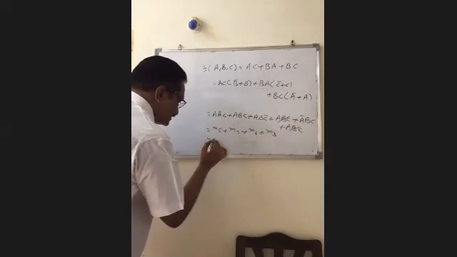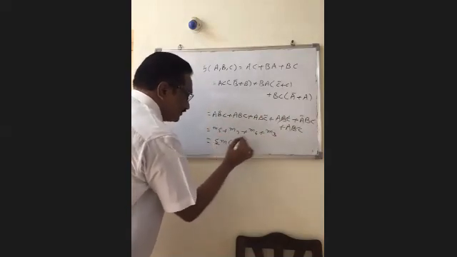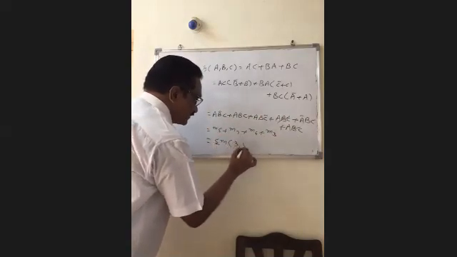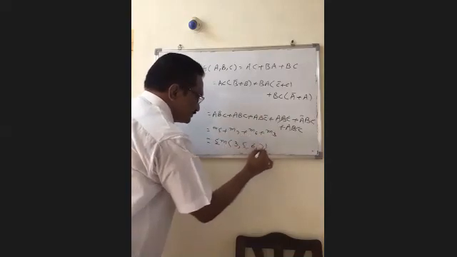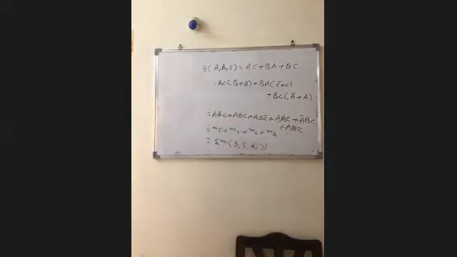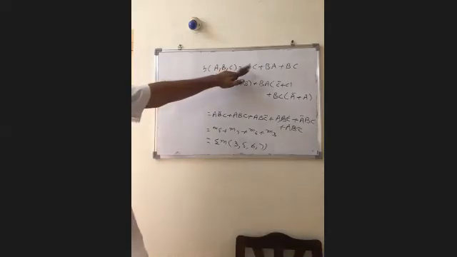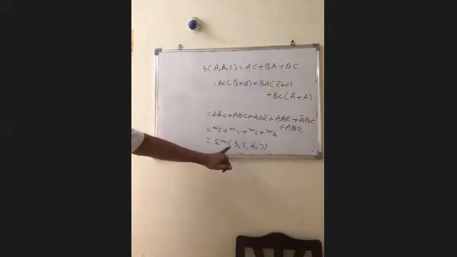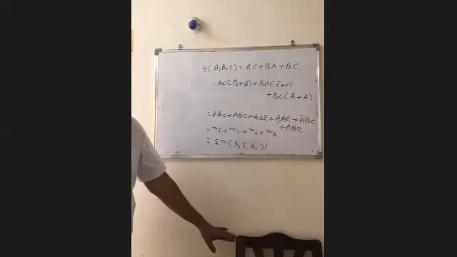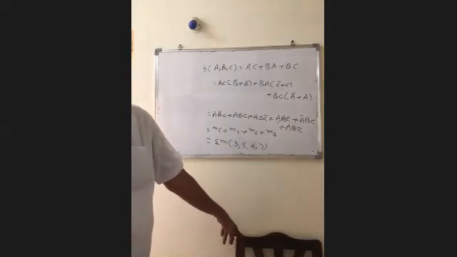So write this one as sigma small m of 3, 5, 6, 7. The given expression is in standard SOP form, and it is now in the canonical SOP form.